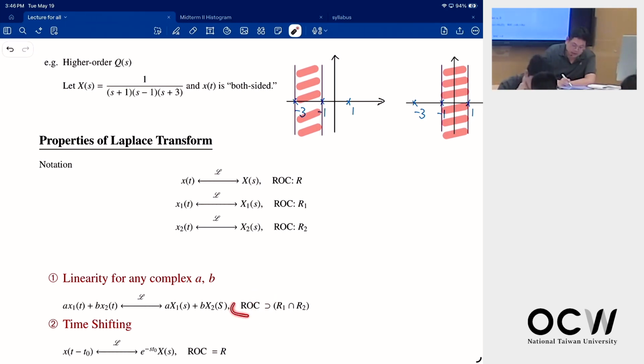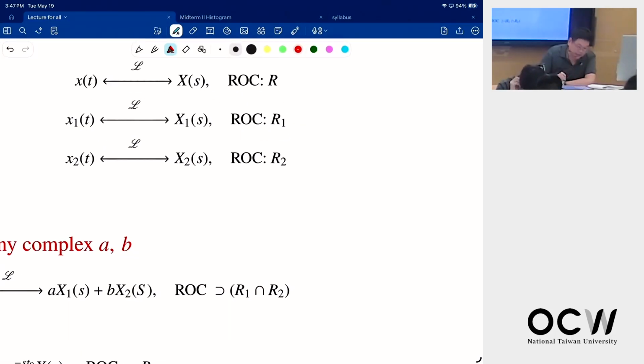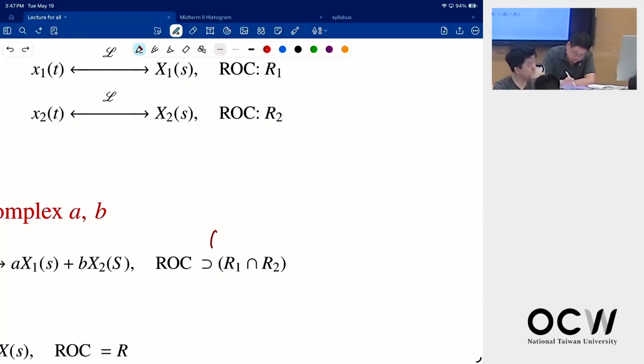It should be equal to the intersection, but sometimes it could be more than that, because when we have pole-zero cancellation, the region of convergence may be bigger.